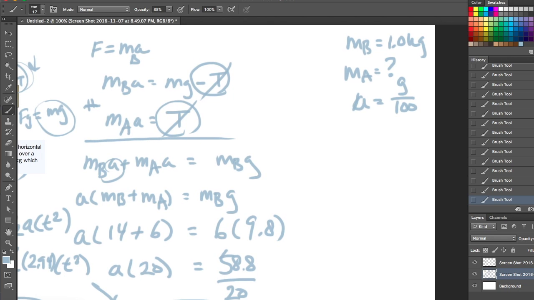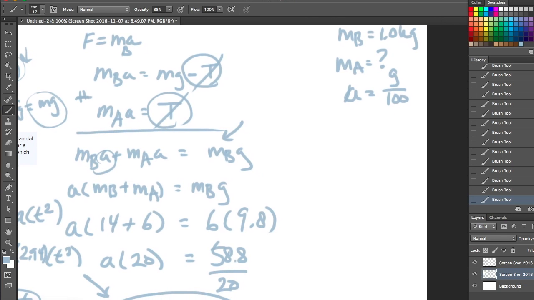I believe we can just use the equation that we found earlier. Acceleration is 9.8 divided by 100, which is 0.098.